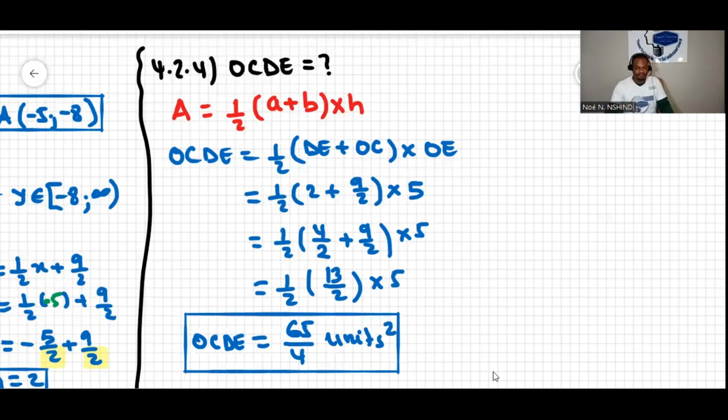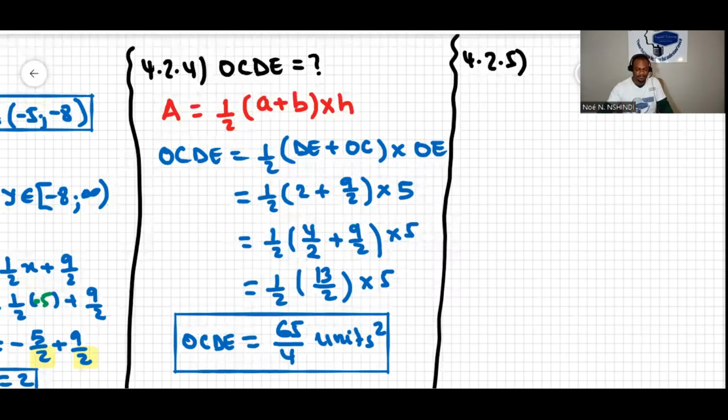Okay, and then comes the next question. Question 4.2.5. What does it say?